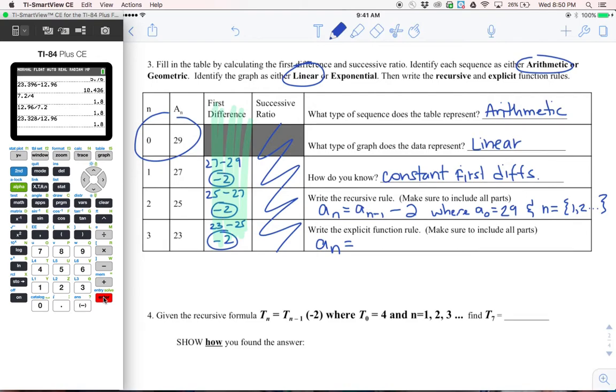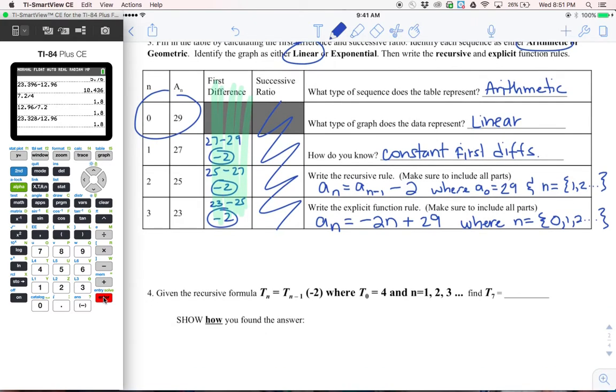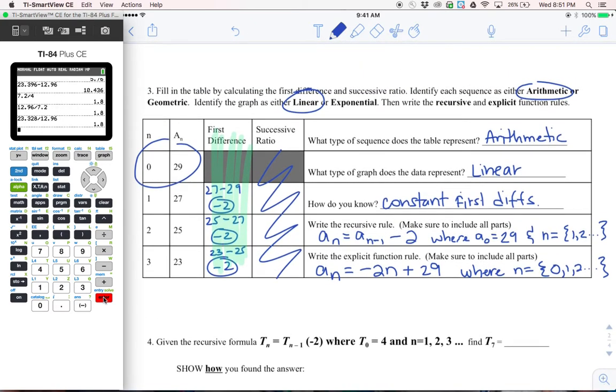Your first differences, right, we're going down by negative 2 each time, so negative 2n. And then your initial amount was 29, so we're going to say plus 29. All right, again, we need to say where n equals; in this case, we can start with 0, because I didn't use n minus 1. Okay. That's another 15 points right there, guys.